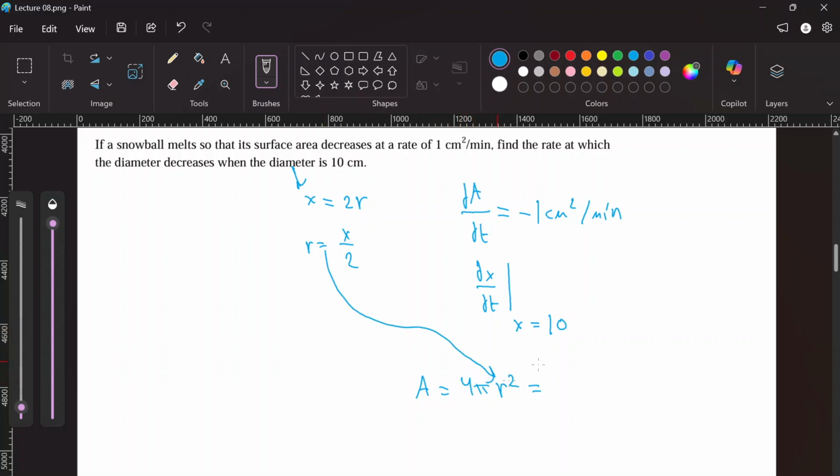So we can write the area using x over 2. So we have 4 pi times x over 2 squared. So we have 4 pi x squared over 4 equals pi x squared.